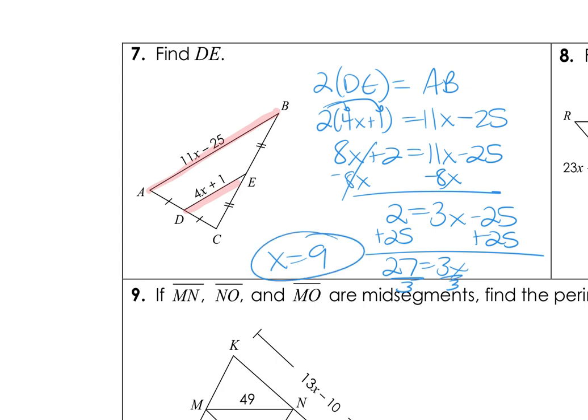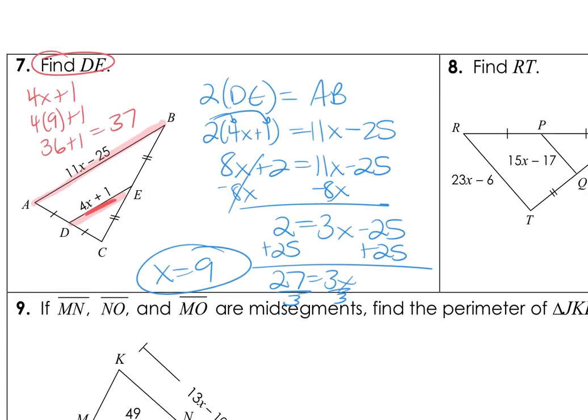And the x is 9. But this question is a little bit different because if you look at the directions, they want me to find DE. So now we have to plug it in. So DE is 4x plus 1. I'm going to plug that 9 in. So I get 36 plus 1, or 37. So it's a little bit different than 5 and 6 that we just did. We now need to find a missing side.